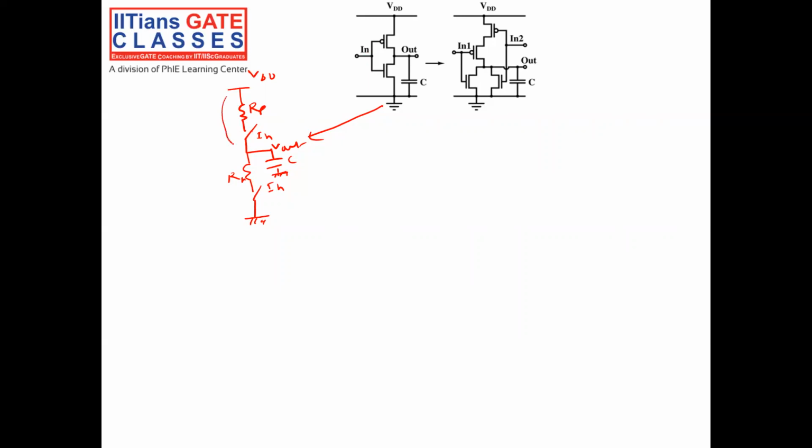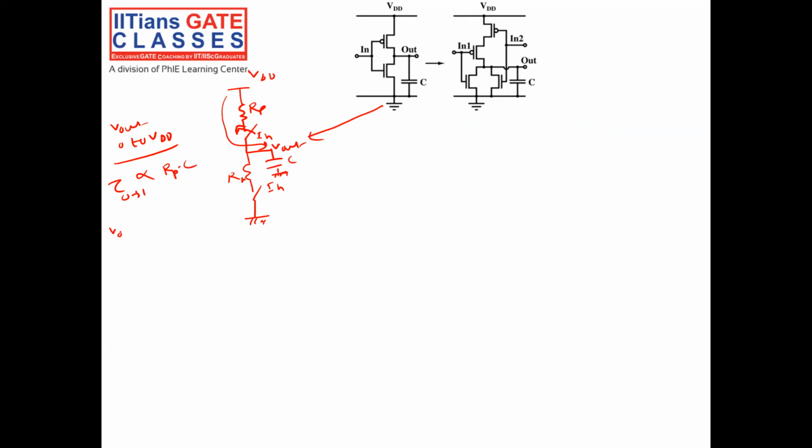So the capacitor will charge to VDD through a resistance RP and the capacitor C. So the charging time, when my V out goes from 0 to VDD, tau 0 to 1, is proportional to my RC time constant, RP into C.